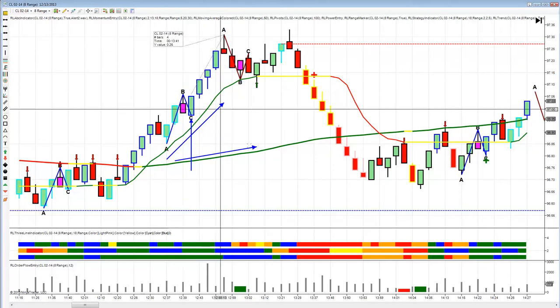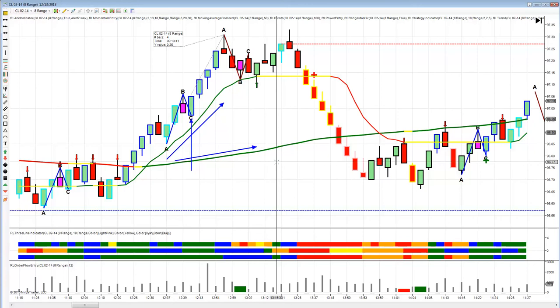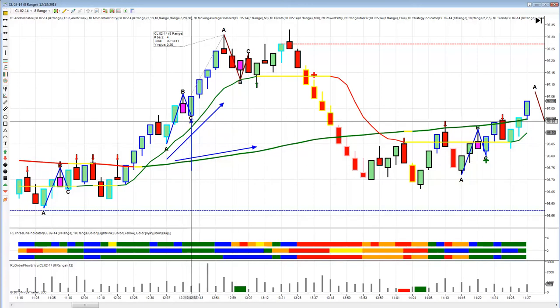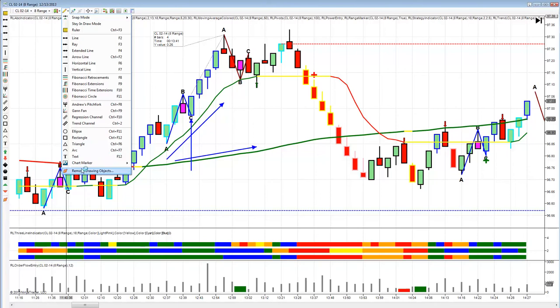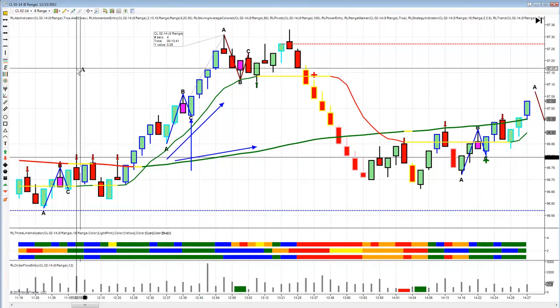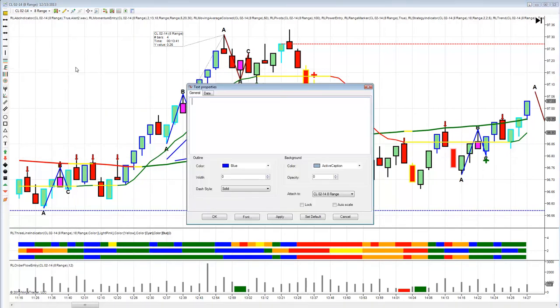Now that is a 26 tick trade. So this is trend trade number one, our C candle entry.